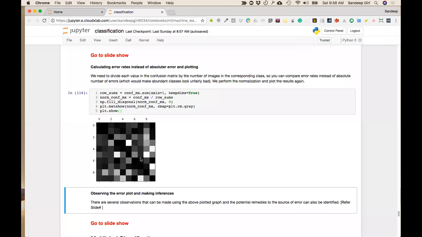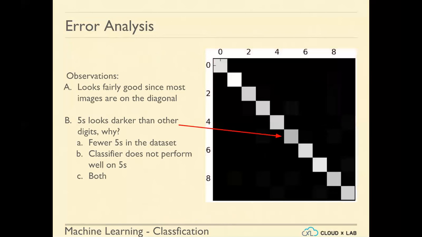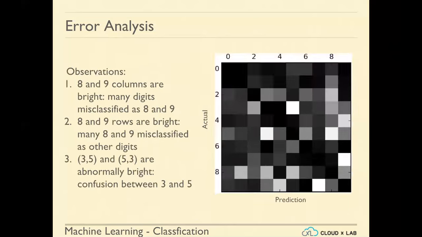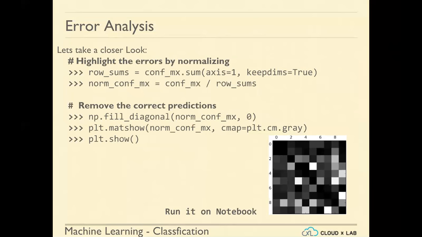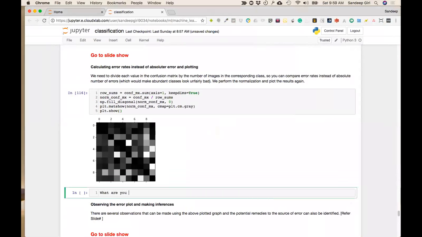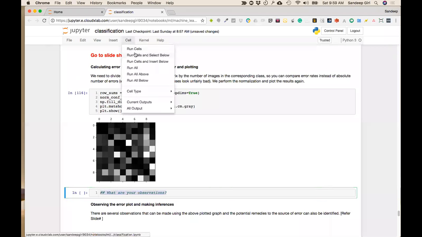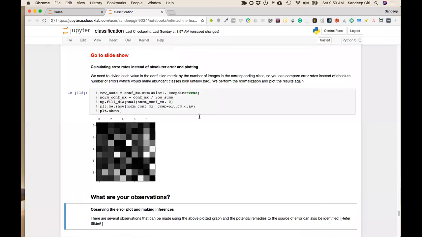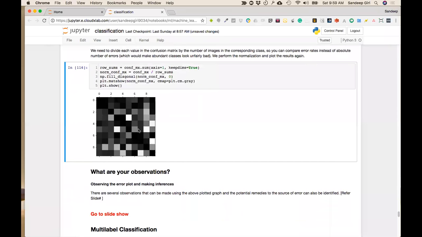What are your observations now? So what we did was we removed the diagonal and then plotted the rest.